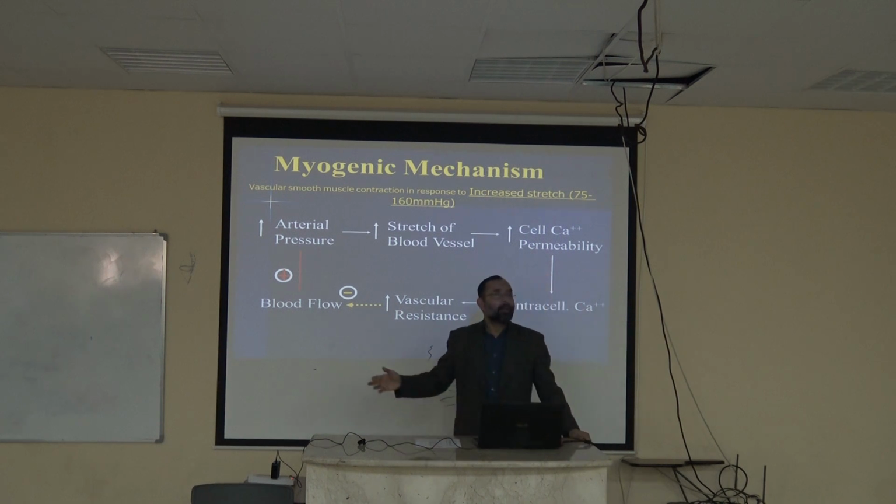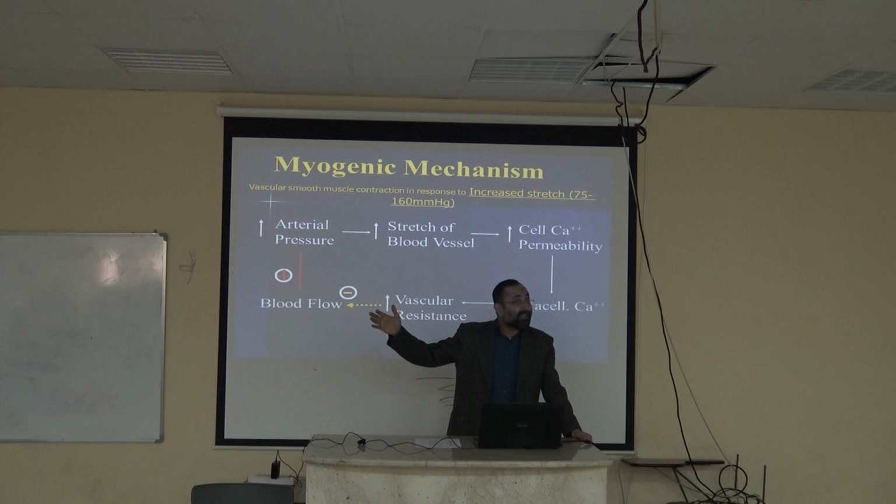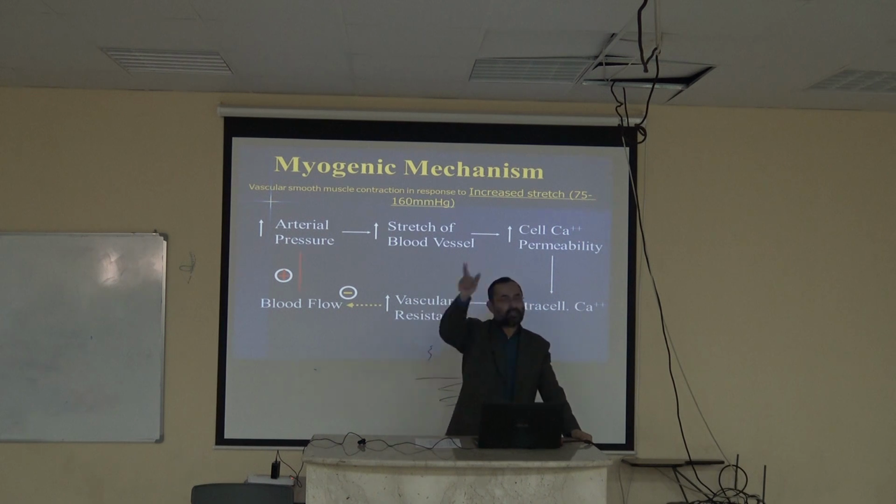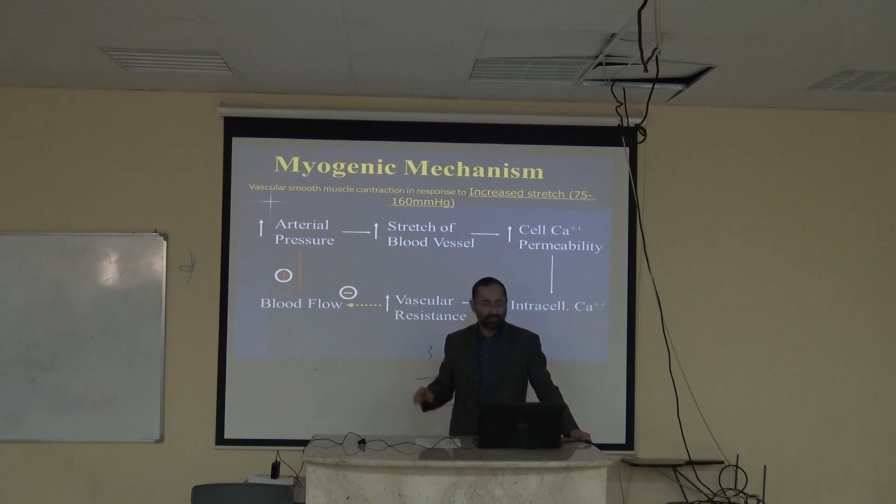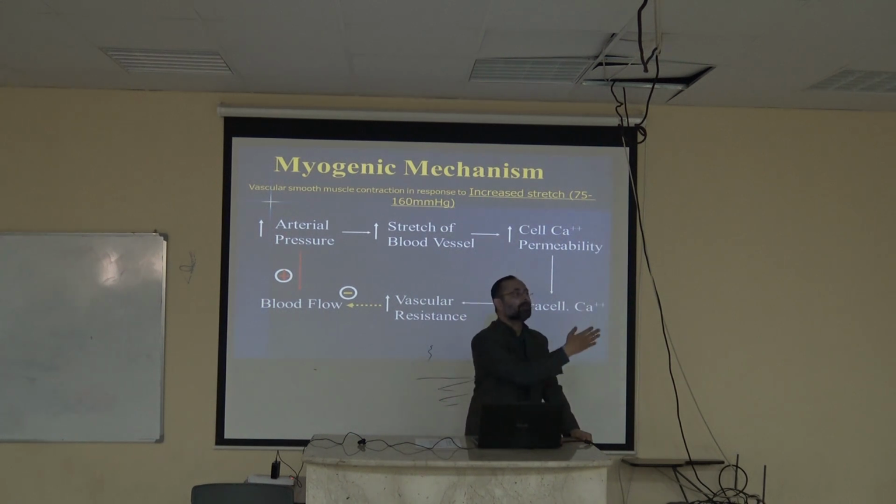So, when the blood pressure was increased, the stretch happened, and due to stretch there is vasoconstriction, and that vasoconstriction will increase the resistance, and that resistance will try to lower the blood pressure. When the blood pressure is lowered, definitely again the blood flow which is going into the glomerulus will come back to normal or a little less value, isn't it?